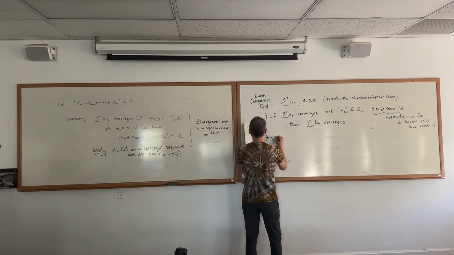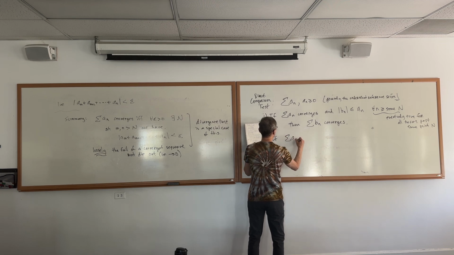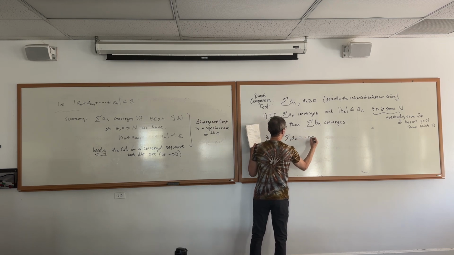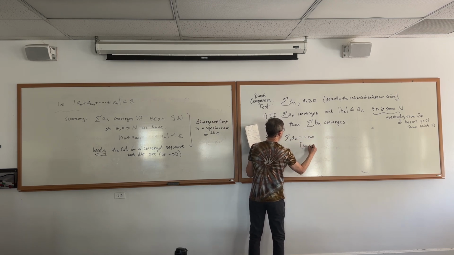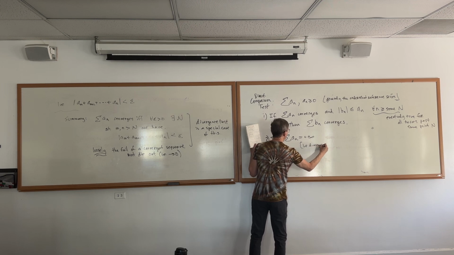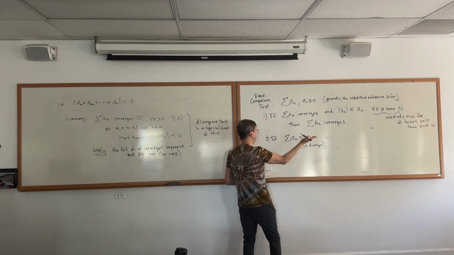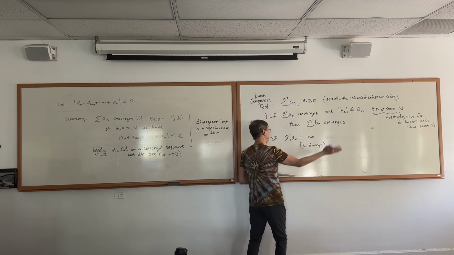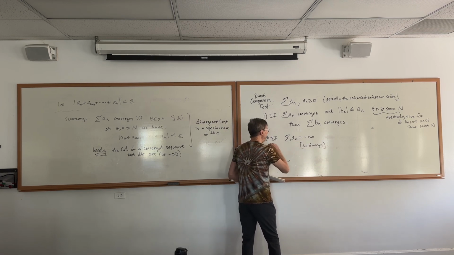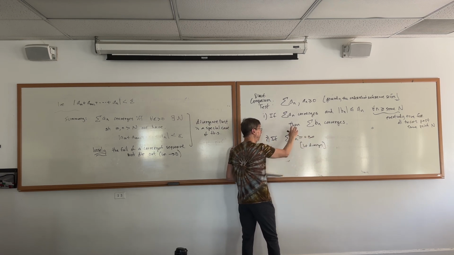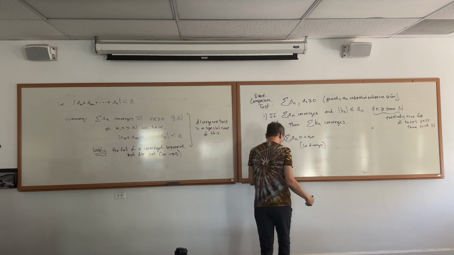2. If the sum of a sub n is plus infinity, i.e. it diverges, since all the terms are non-negative, things aren't going to cancel. You're not going to get plus 1 minus 1, plus 1 minus 1, plus 1. Everything will either add up to a finite value, case 1, or they will add up to positive infinity in the divergent case.